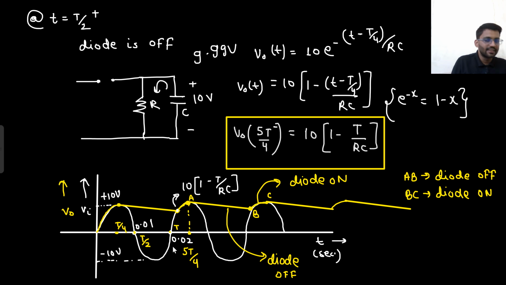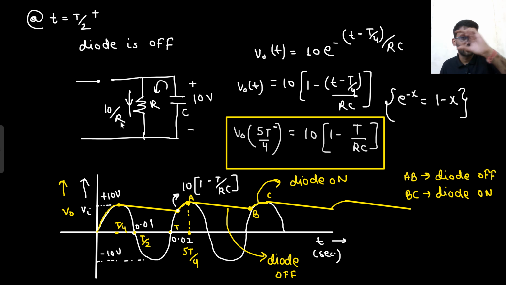So you can say that the resistor current will always be 10 by R, because the same 10 volt will be coming across this. So there will be this resistor current as well, but the area is very less. There will be 10 by R current, but for how much time? Zero second time.